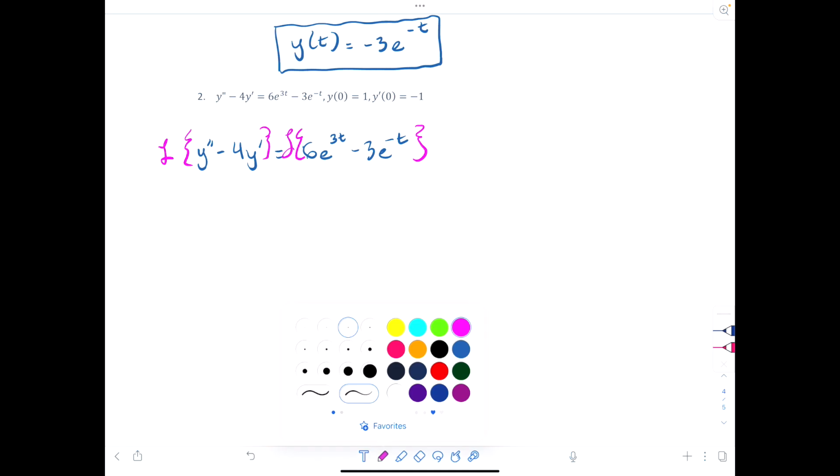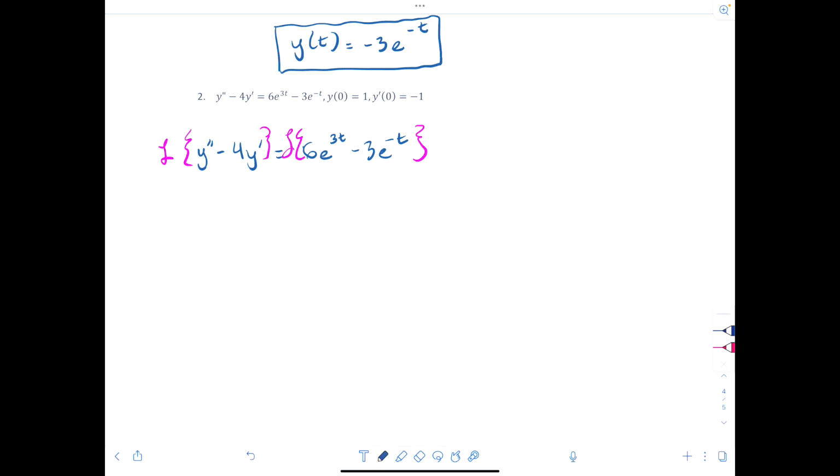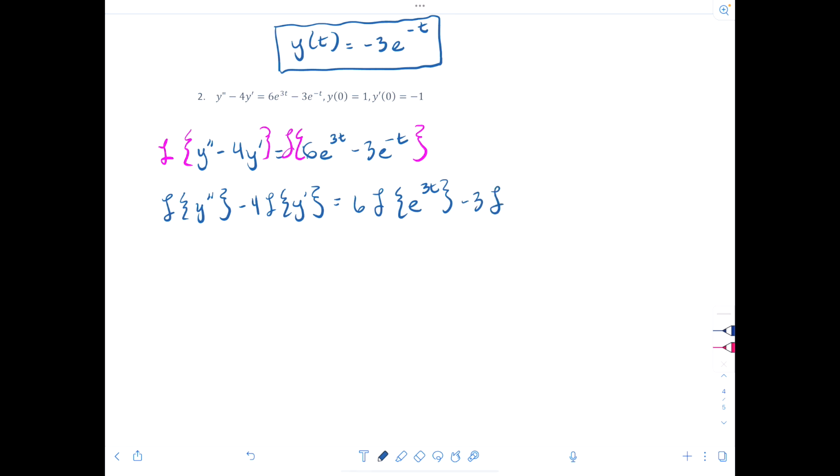And then, working through it, we will have L at y double prime minus 4 times L at y prime is equal to 6 times L at e to the 3t minus 3 times L at e to the negative t.